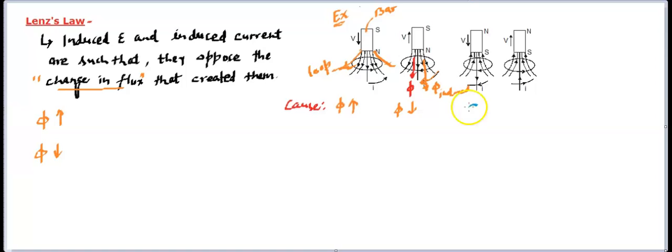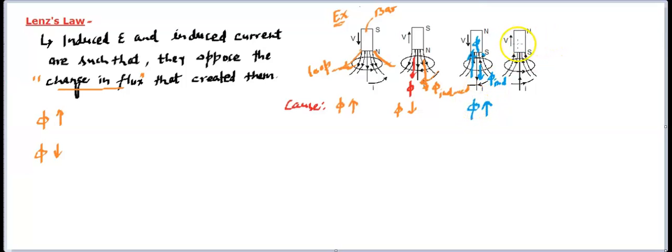So increasing flux is the reason, and that means the induced flux comes opposite to this. That means the induced flux must decrease it. And if you consider this sense of the direction of current, the magnetic flux will come out downside. So this is the induced flux. Now this induced flux is opposite to the original flux, which was in the upward direction. Hence it will be subtracted, hence it will decrease it. Hence this direction of the current is correct.